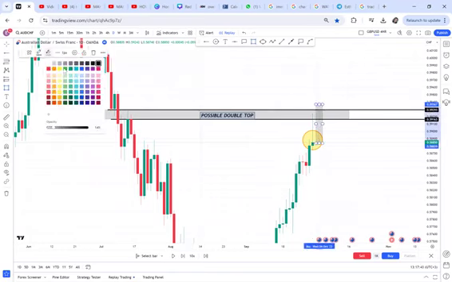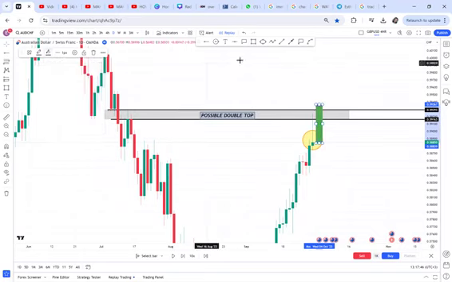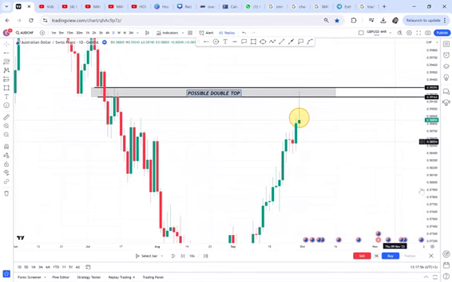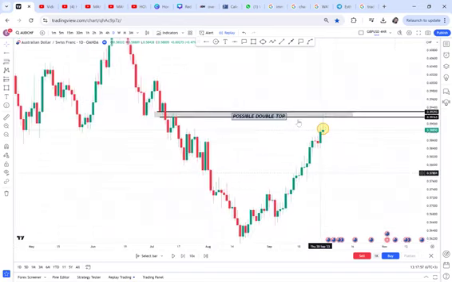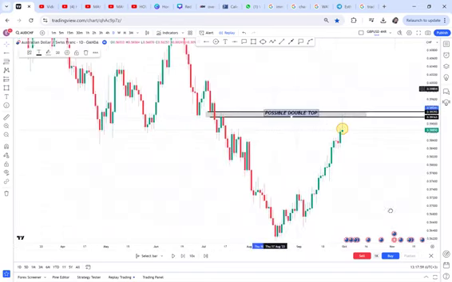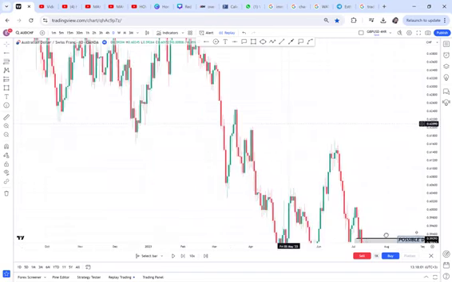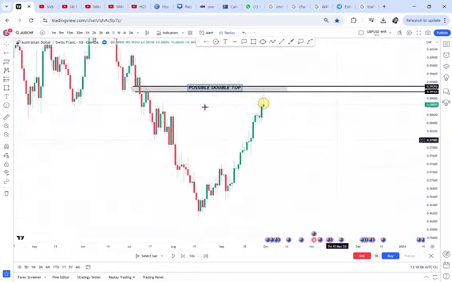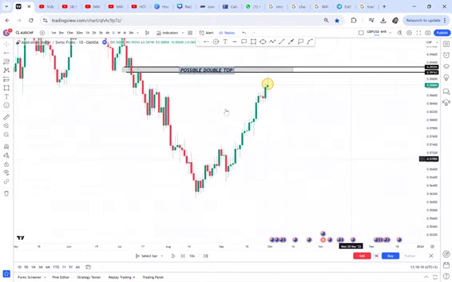Nobody knows if this double top is accurate or only possible, because the market can continue buying and there's nothing you can do. So that's why we call it a possible double top. Now, this possible double top is on a downtrend, giving us the first confirmation it might sell.